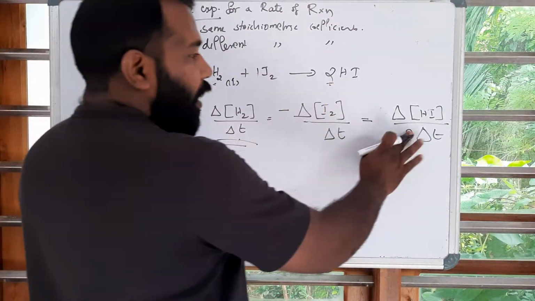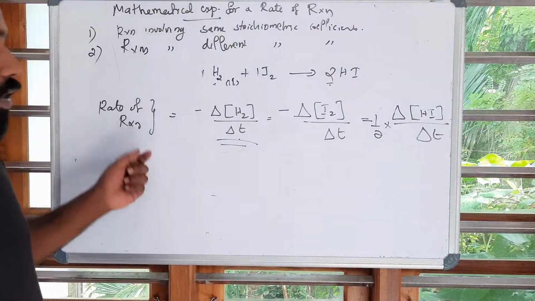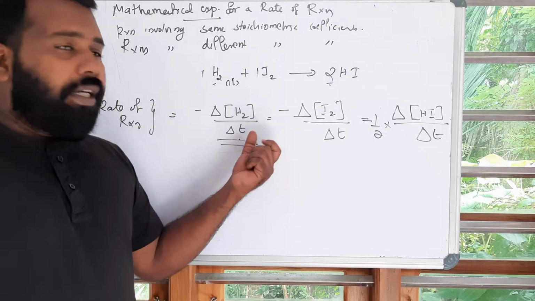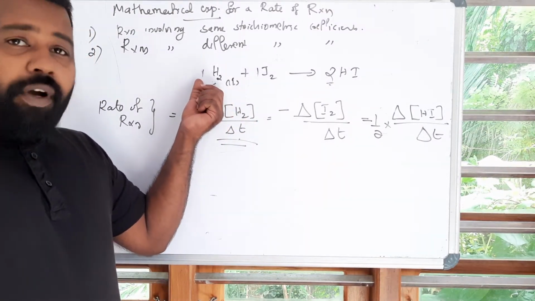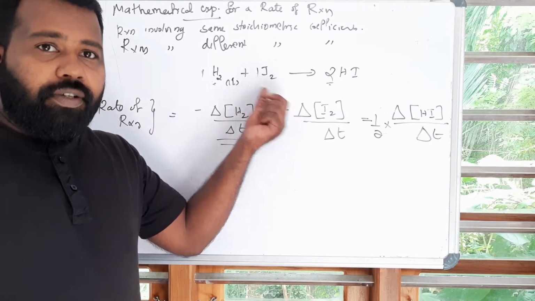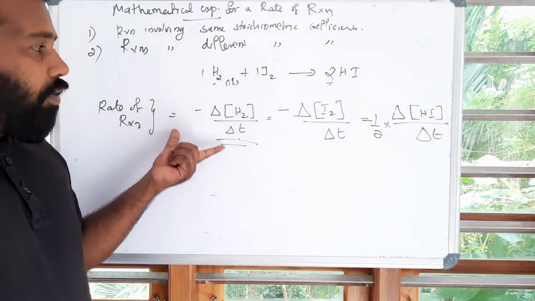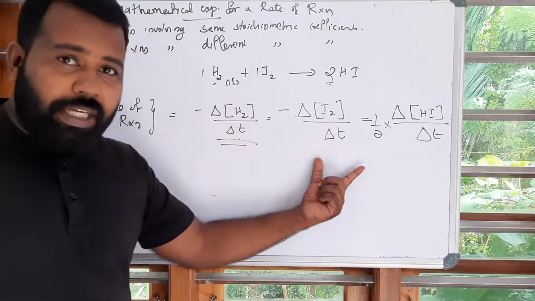So better you make it 1 by 2 into it. So this is how we can represent the rate of reaction when the stoichiometric coefficients are different. This is the way of representing the rate of reaction mathematically.